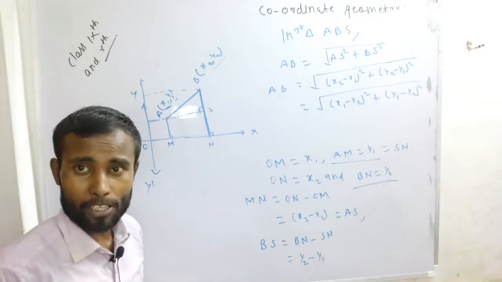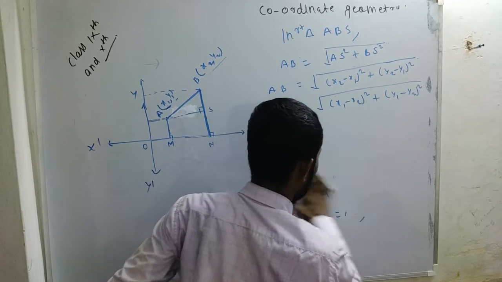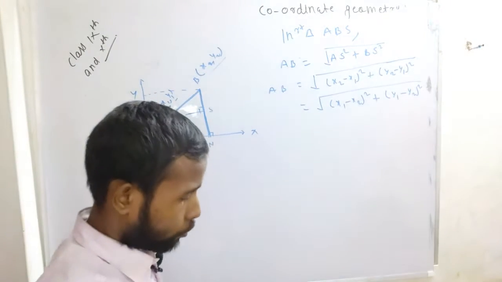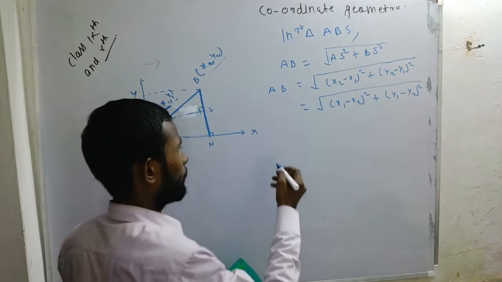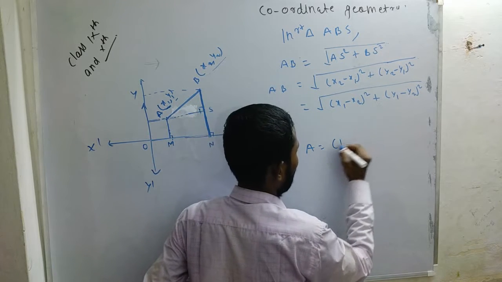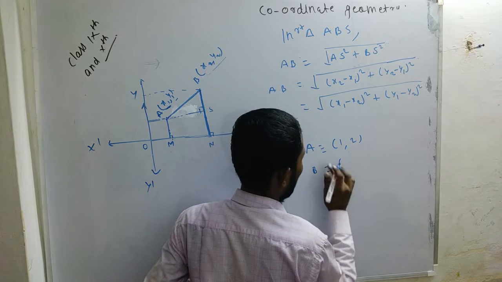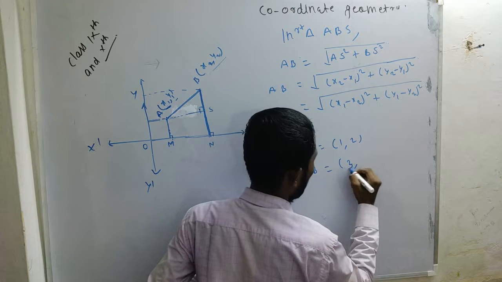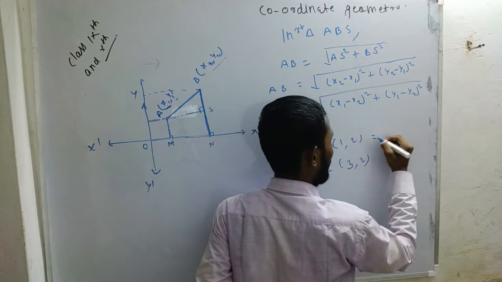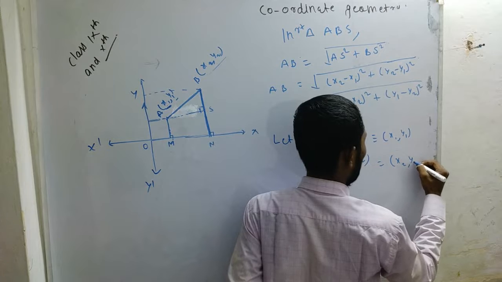Now we give some examples which are solved by the distance formula. Let A be the coordinate (1, 2) and the coordinate of B (3, 2), and we have to determine the distance AB. That means x1, y1, x2, y2.